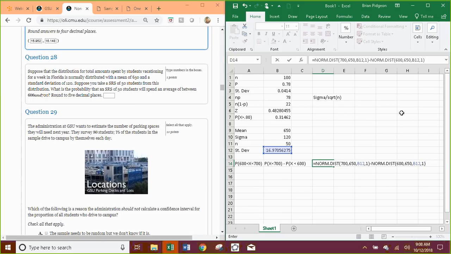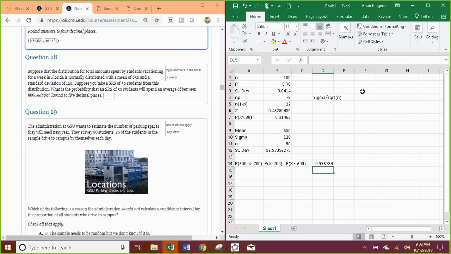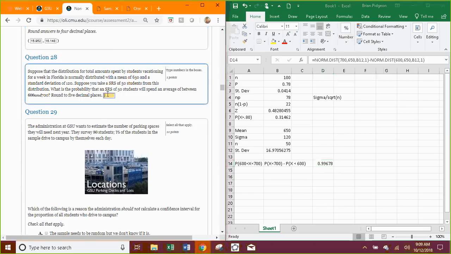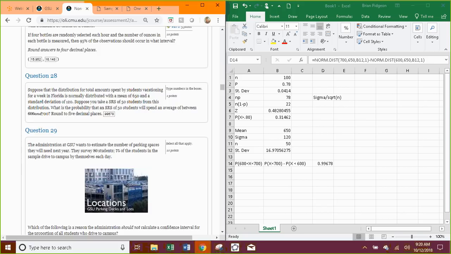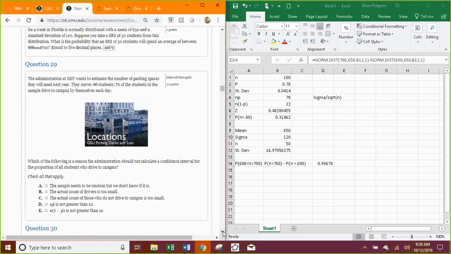I do it this way with this question because I don't want to calculate 2 different z-scores. If we calculated the z-score for 700 and the z-score for 600, we could then use norm s dist. It doesn't matter, but there it is. There's our probability: 0.99678.